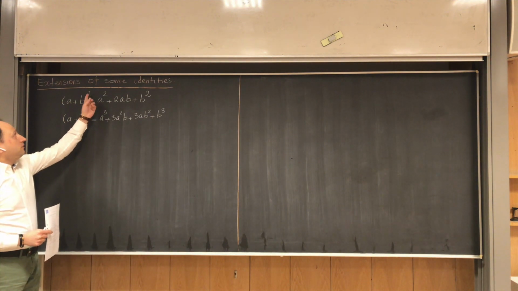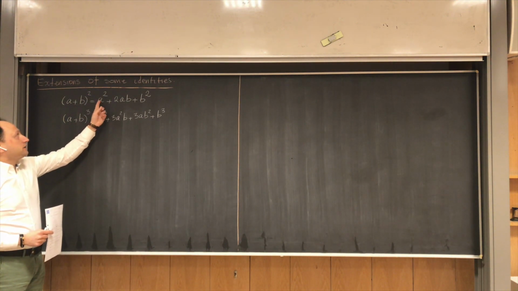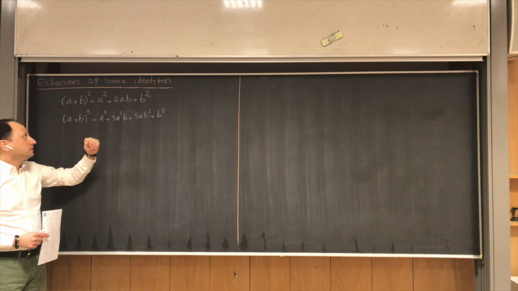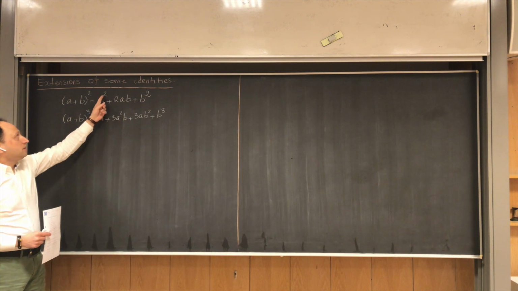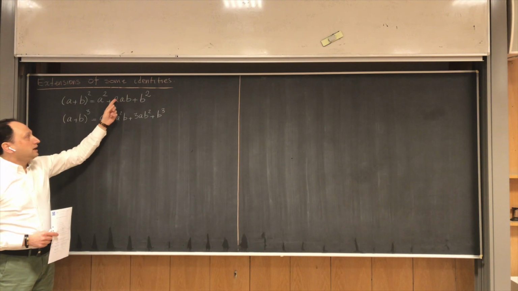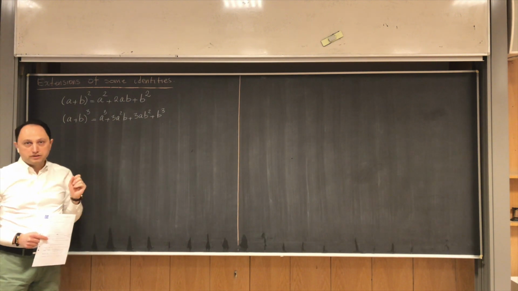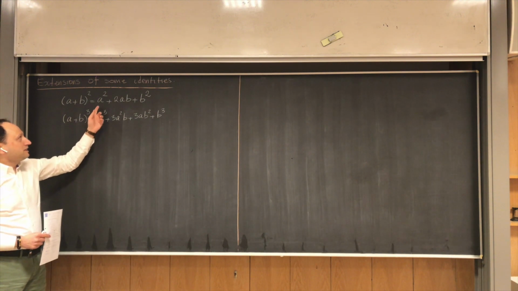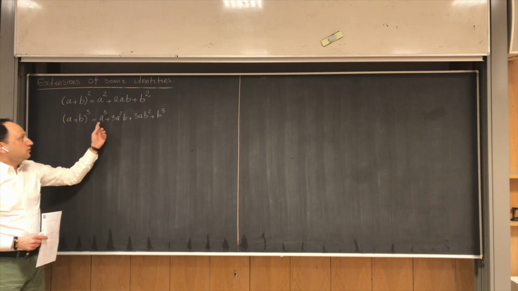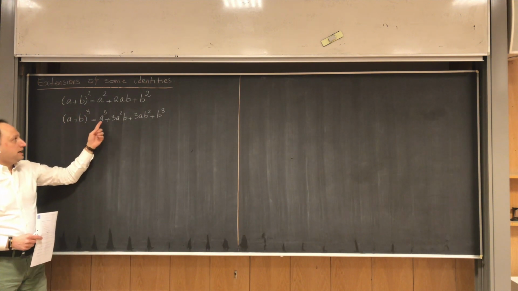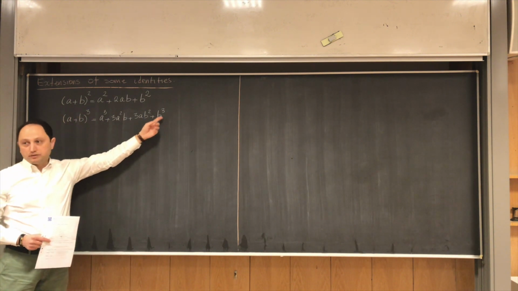Here, the power was 2. I started with a to the power of 2 and finalized with the next one to the power of 2, b to the power of 2. But then in each step, I reduced the exponent of a by 1 unit, and I increase the exponent of b by 1 unit again. It's not very clear here, but let us look at here. Yes, it starts with a to the 3, it ends with the other one to the power of 3.